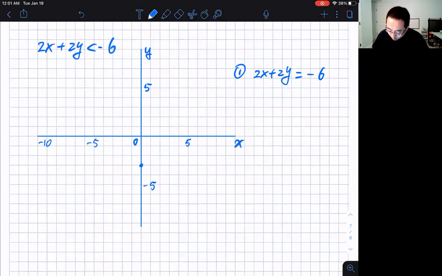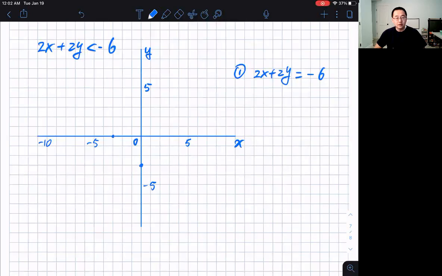Similarly, when y is 0, you have 2x equals -6, so x is -3. So then you have this point. These two points are your two intercepts. Connecting these two and extending in a straight line gives the line for 2x plus 2y equals -6.